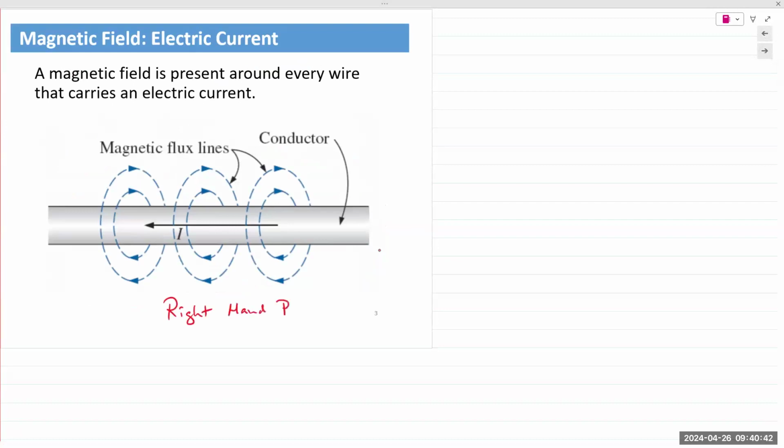And this is, again, if you wish to learn more about the physics of things, to actually illustrate the current carrying conductor and the direction of the magnetic flux lines. So if you use your right hand, your thumb pointed out, then the thumb points towards the direction of the current, and the magnetic flux lines are in the direction of the fingers.